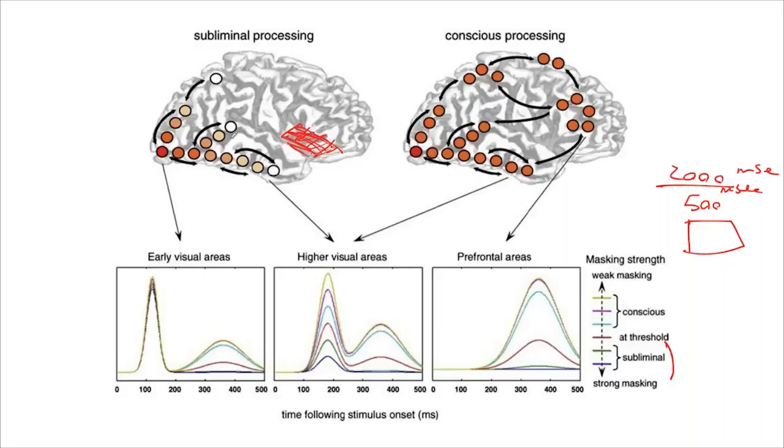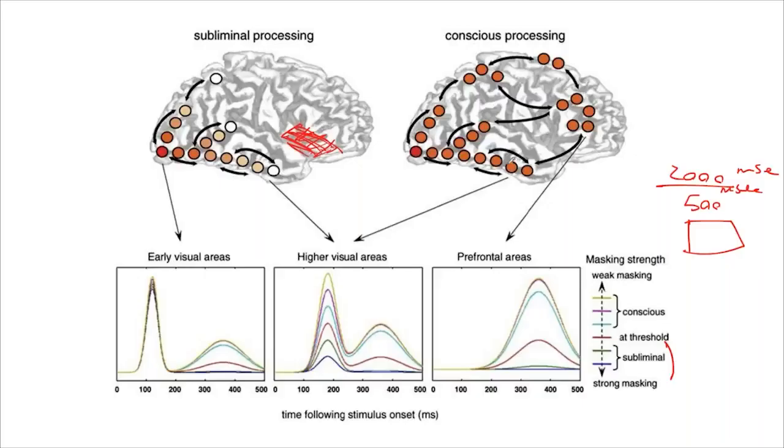So we can make unconscious activations with subliminal presentations in the basal ganglia and amygdala, but those processes are not going to be conscious.